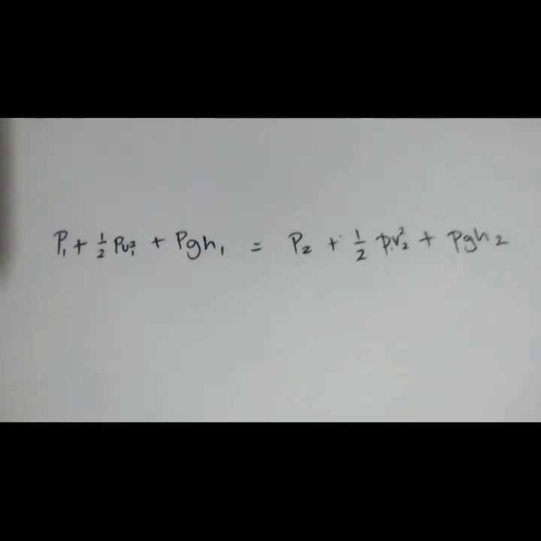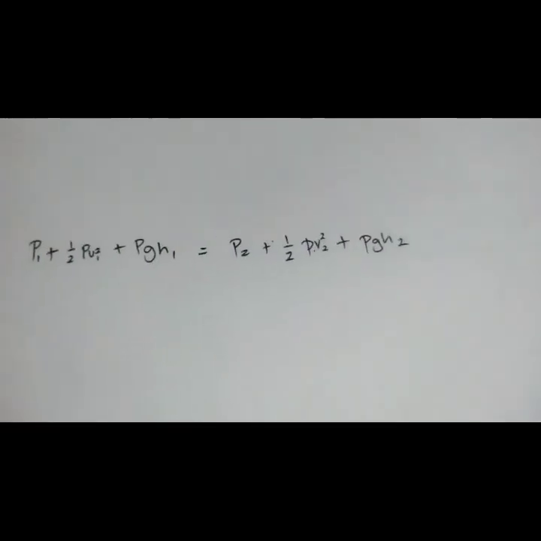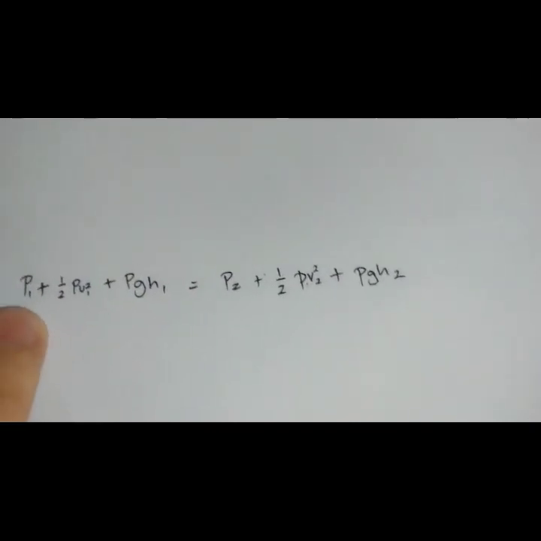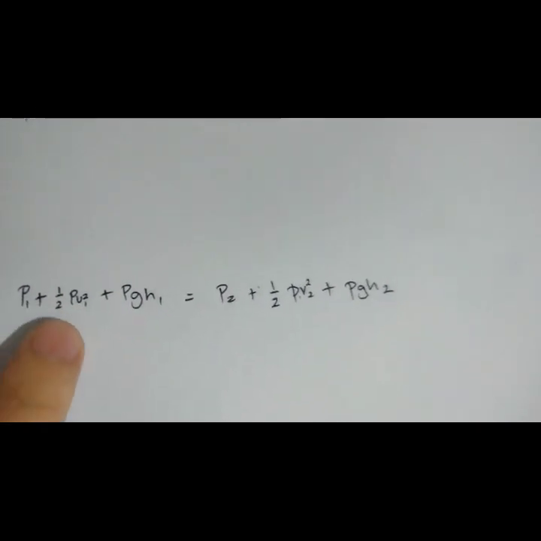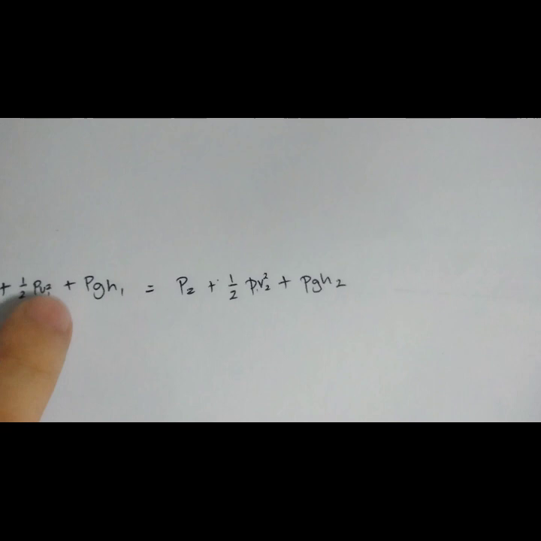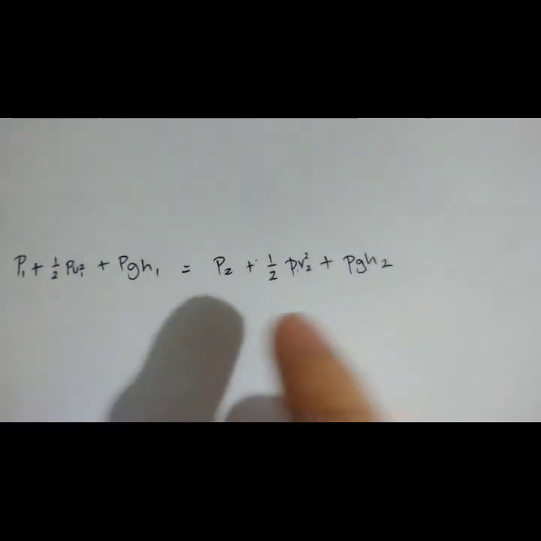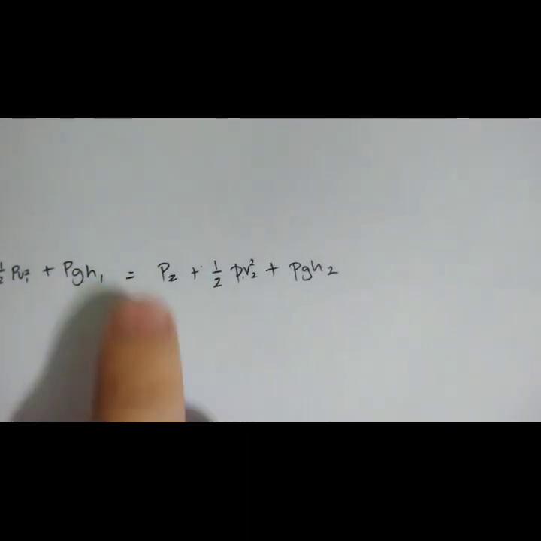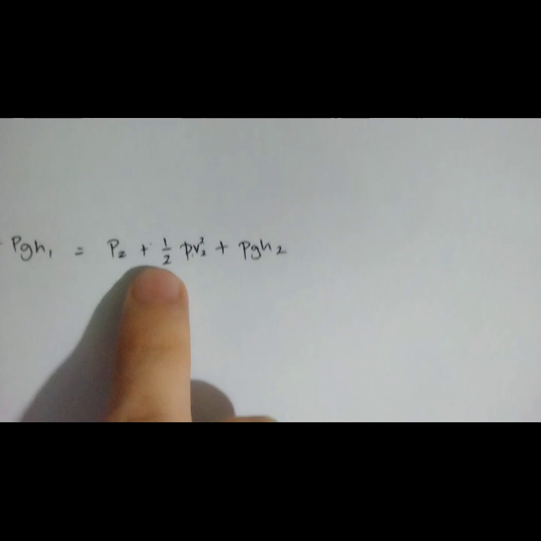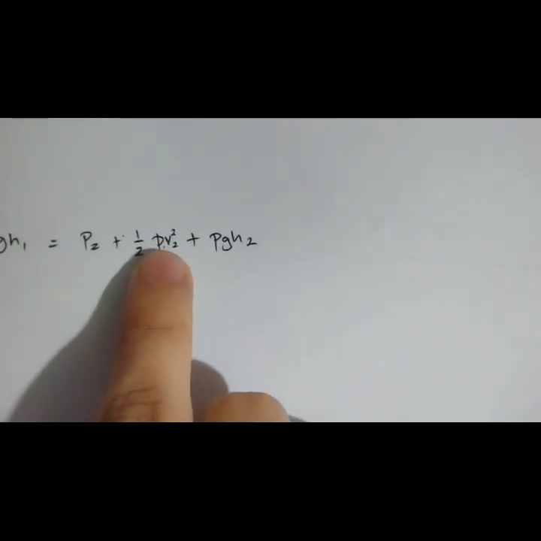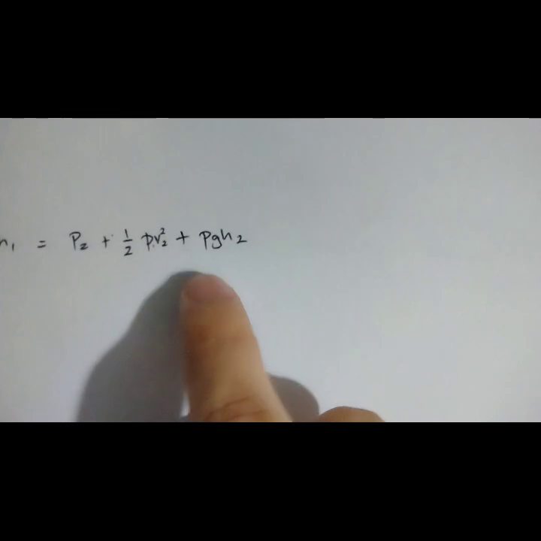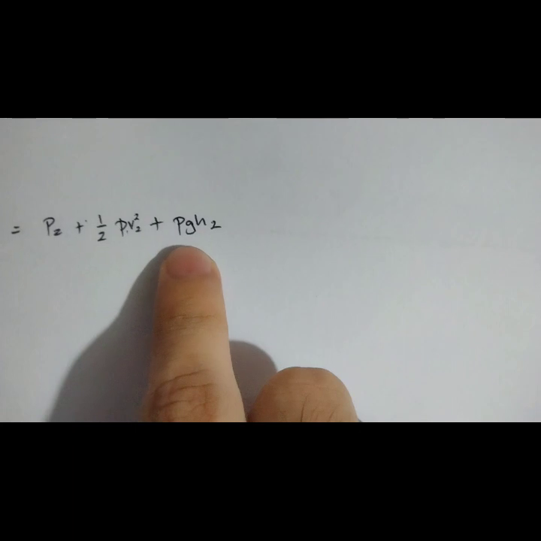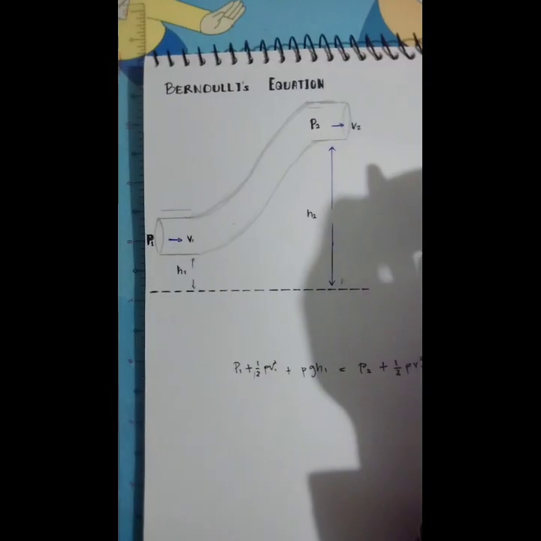This fixed value, guys, the equation becomes P1, or pressure 1, plus 1/2 density velocity squared 1, plus density gravitational acceleration height 1 is equal to pressure 2 plus 1/2 density velocity squared 2 plus PGH, or density gravitational acceleration H2.